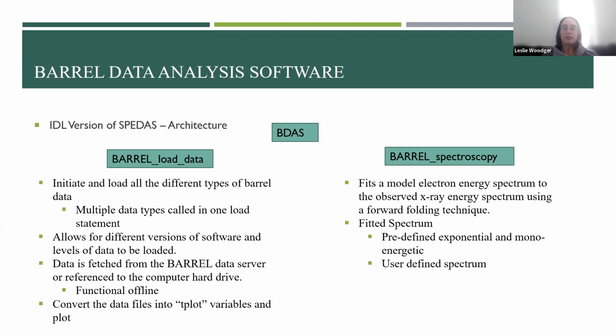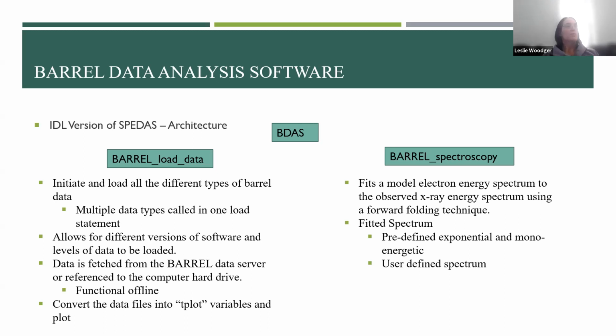And then we had this Barrel spectroscopy code, which fits a model electron energy spectrum to the observed X-ray energy spectrum through a forward folding technique. Again, the Barrel balloons observe X-rays, not the precipitating electrons.